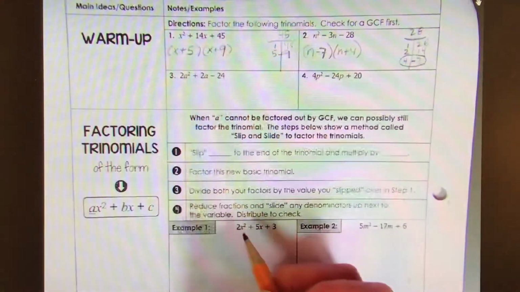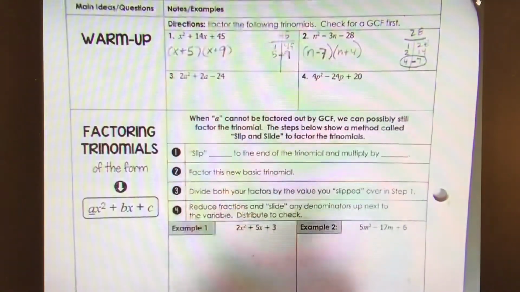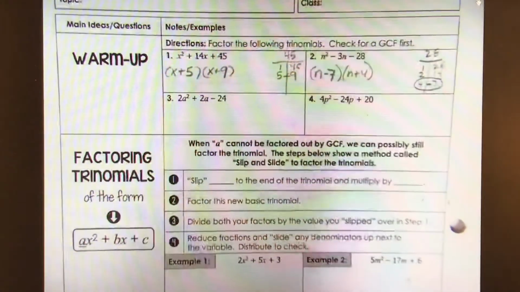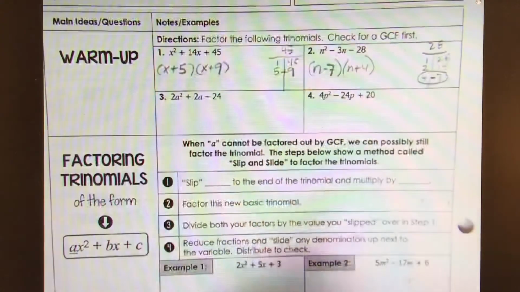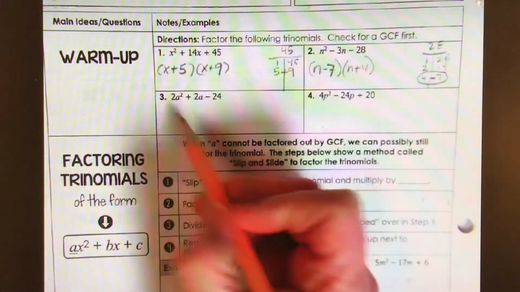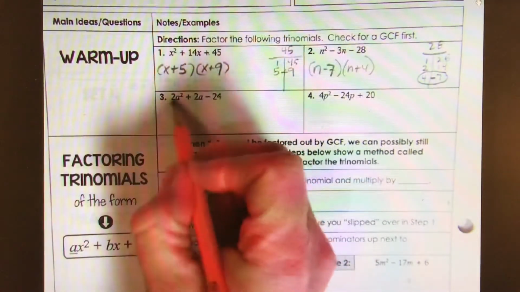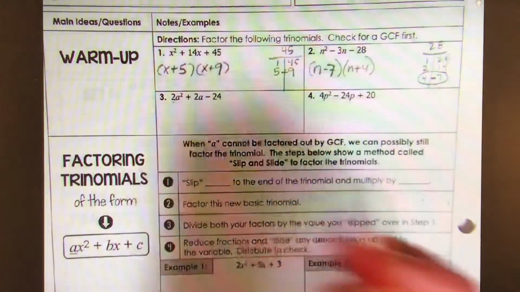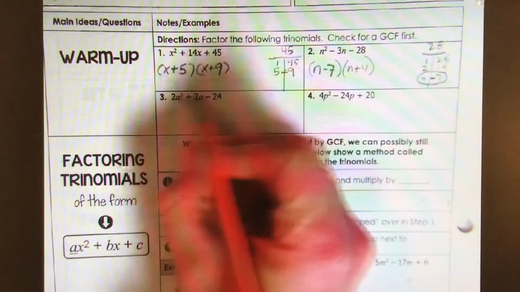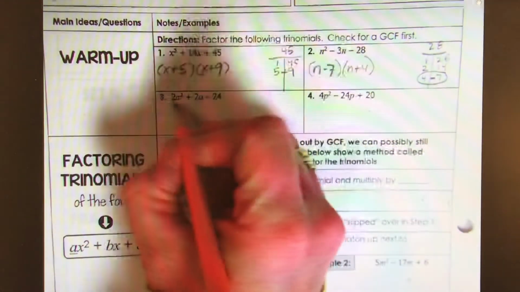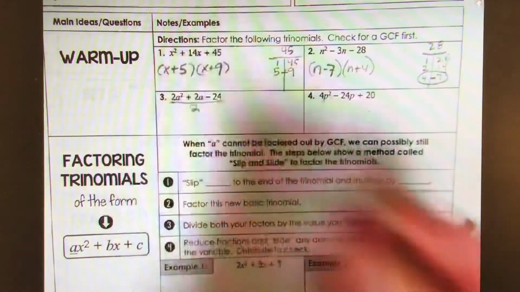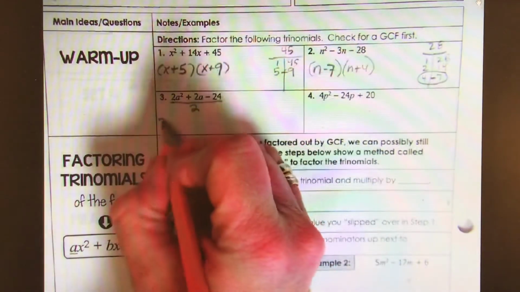Okay, for number 3, let me zoom in here. So now I have a leading coefficient of 2. And I like 2 because I'm thinking that I can factor that out of everything, which is in fact true. There's not an a in each term, but I do have a 2. So I'm going to go ahead and divide it all by 2, because I'm going to get that 2 out of here.